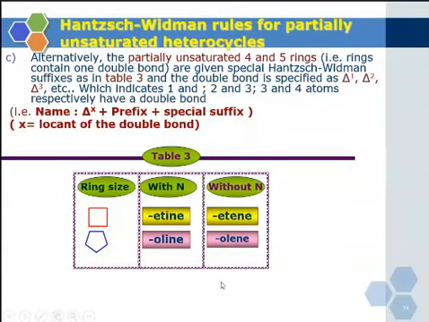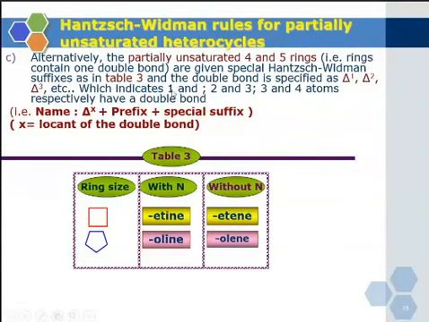As per this, the double bond is specified as delta 1, delta 2, delta 3, etc., which indicates 1 and 2, 2 and 3, 3 and 4.